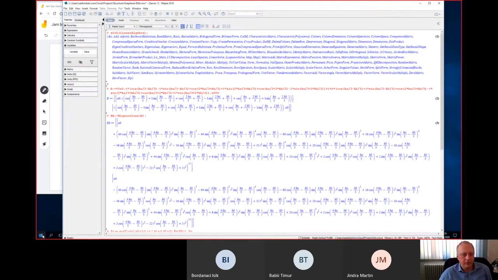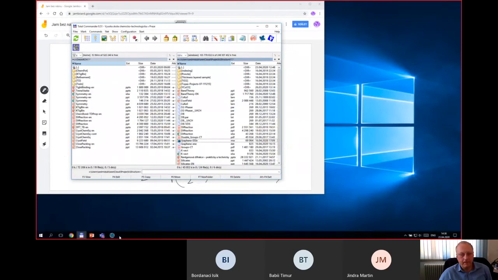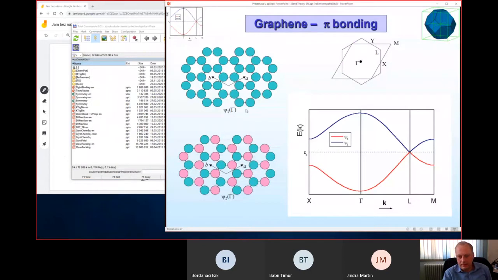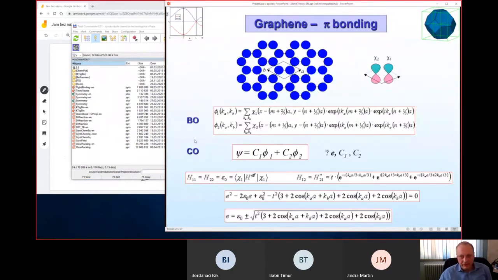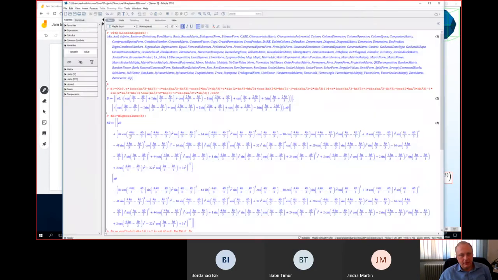over there. So if you look at the presentation, these matrix elements must be input into this matrix, and this is done here.